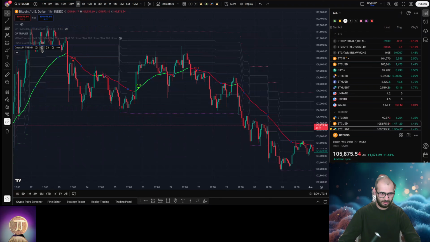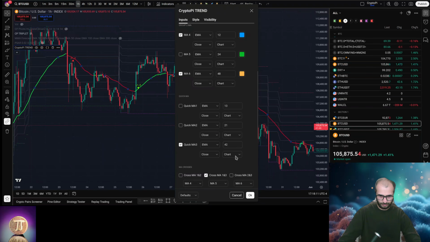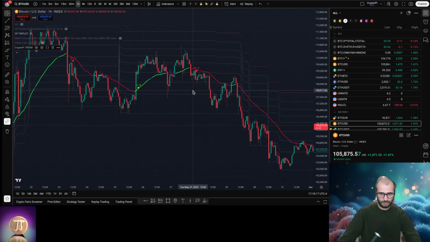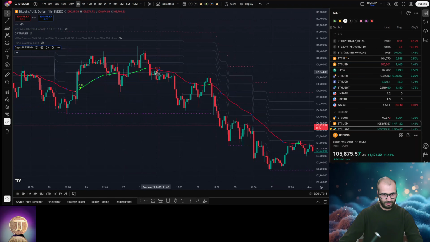So there are now two conditions. The first condition will be that there should be a crossover, and along with it, the quick MA should also indicate the same direction. So here there is a crossover indicating a short position, as well as the quick MA indicating a downtrend.